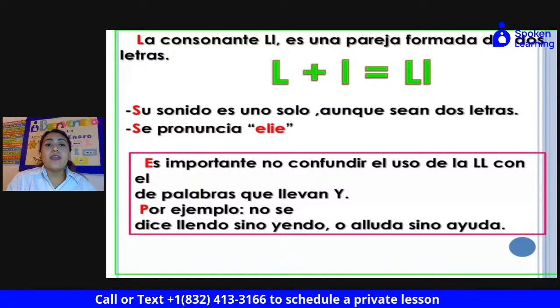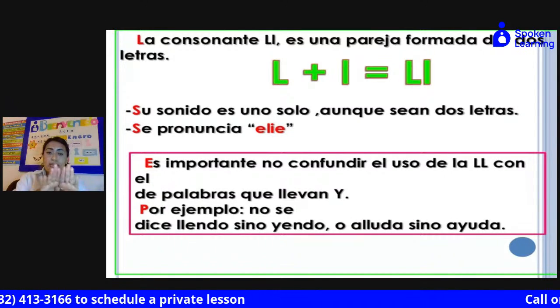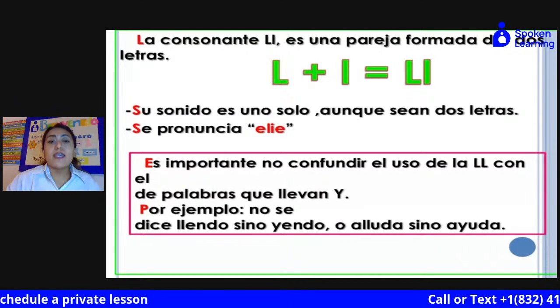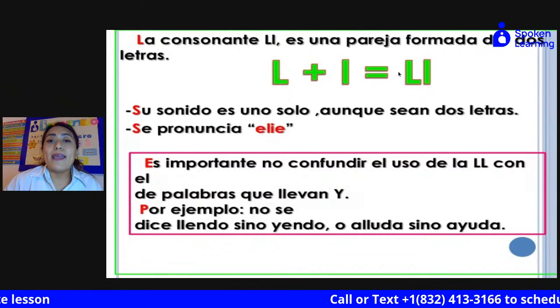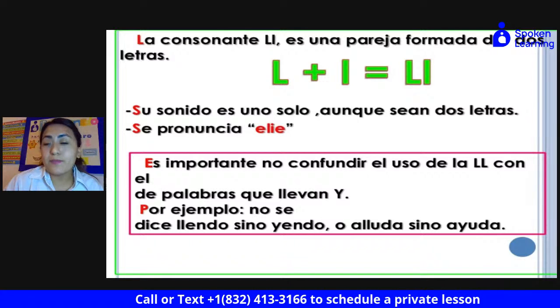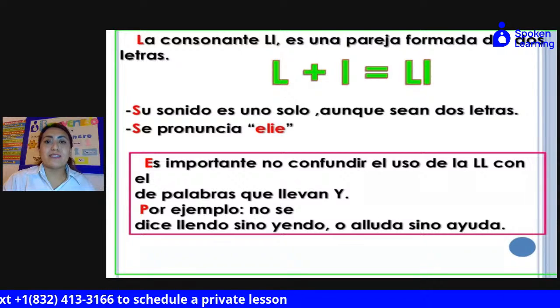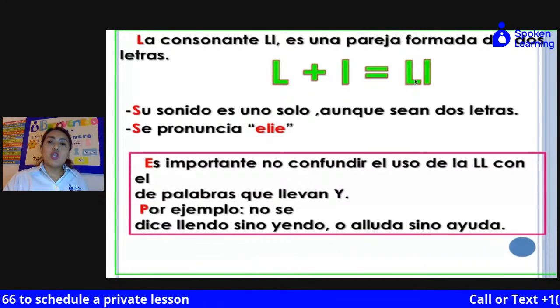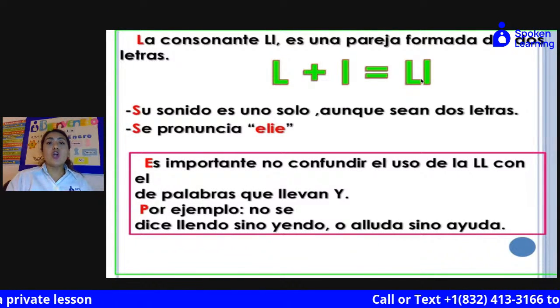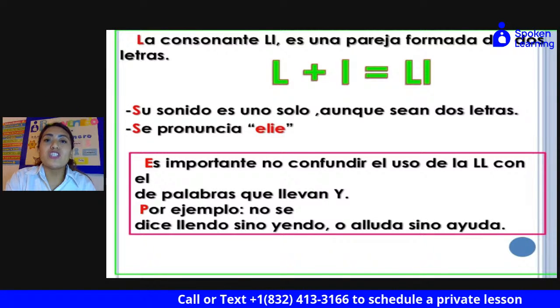The first one that we have is doble L. Doble L, which means double L. Doble L has the sound of Z.